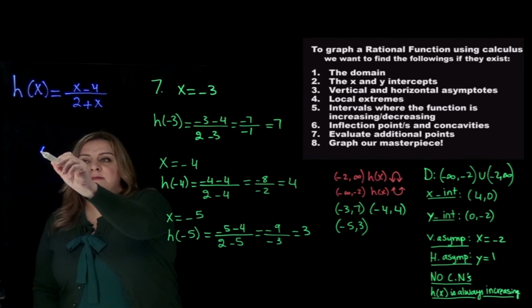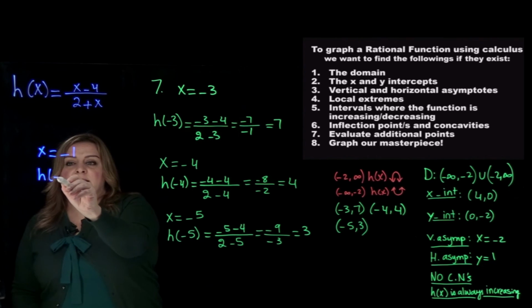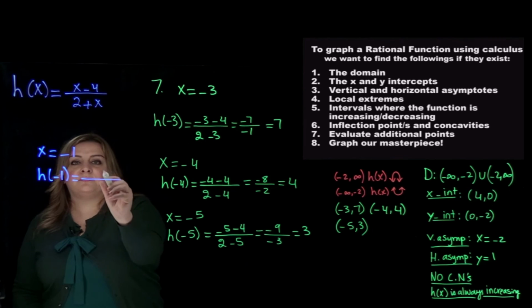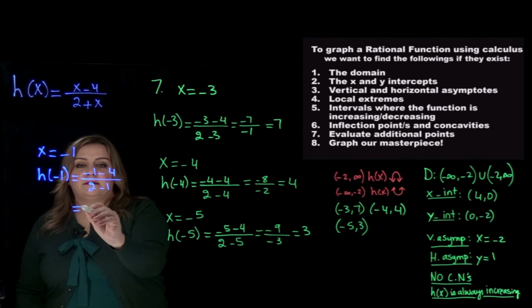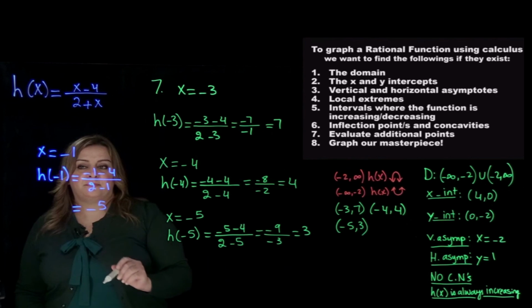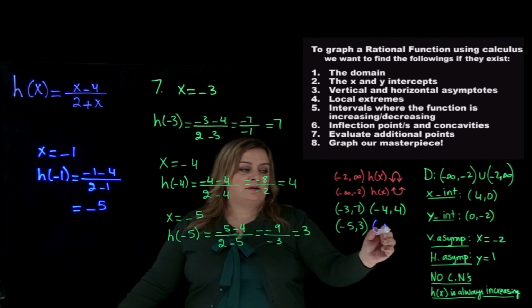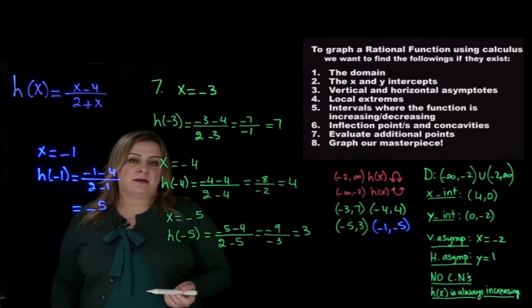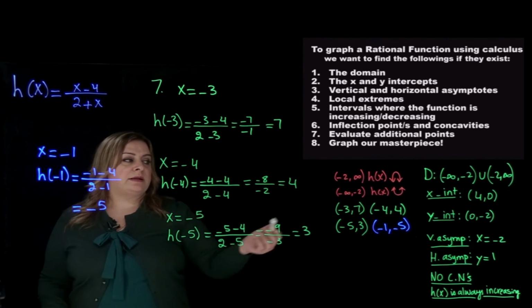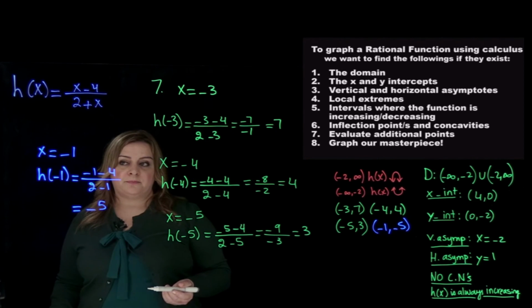So if I choose x equals -1 and evaluate h at -1, I will have -1 minus 4 over 2 minus 1. This will be a -5. I will add this point to my data, -1, -5. I will not consider x equals 0 because I already know that it will be the y-intercept. I already evaluated it earlier.